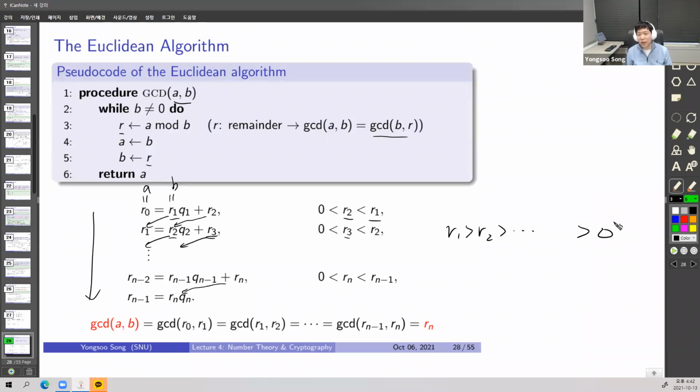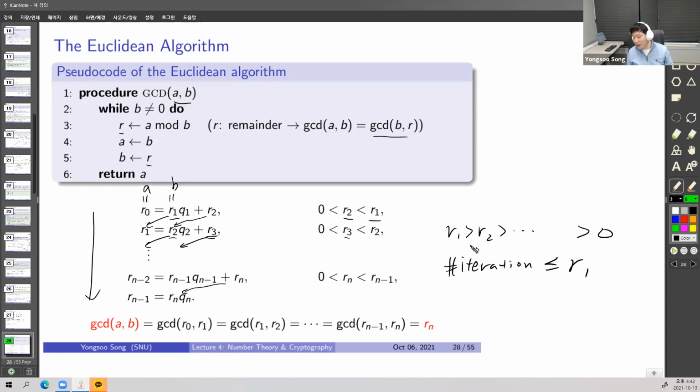So this sequence cannot go on forever; at some point, it should stop. Roughly speaking, you can say the number of iterations is less than R1, because there are only R1 integers less than R1.